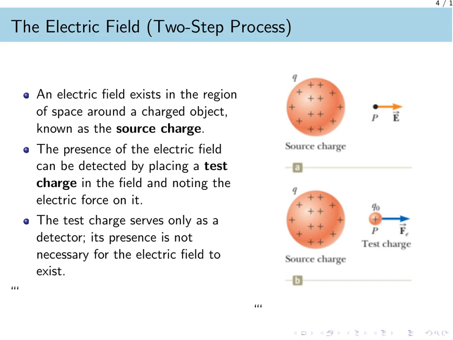To detect this invisible field, we place a second, smaller charge, known as a test charge, at a specific point, P. When the test charge is placed there, it experiences an electric force, labeled F sub E. It is critical to understand that the test charge serves merely as a detector. Its presence is not necessary for the electric field to exist. The field is already established by the source charge.